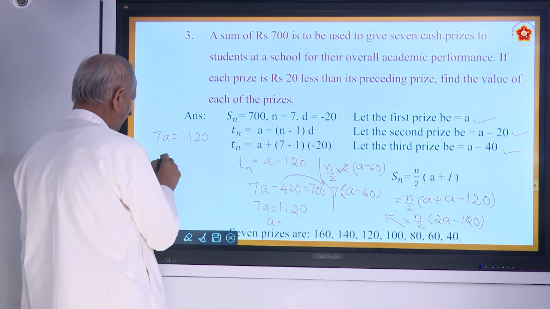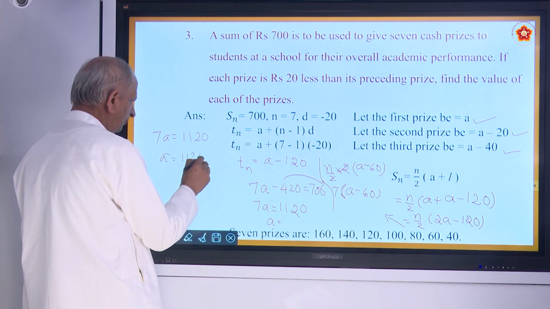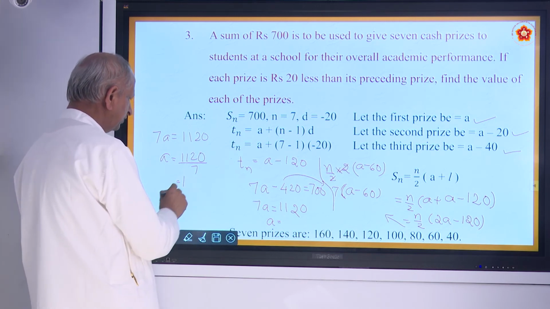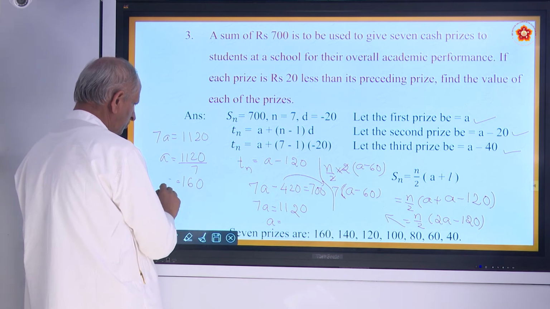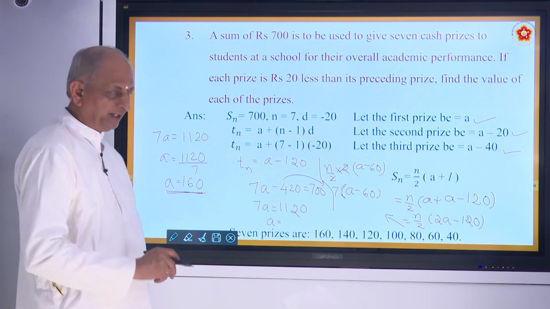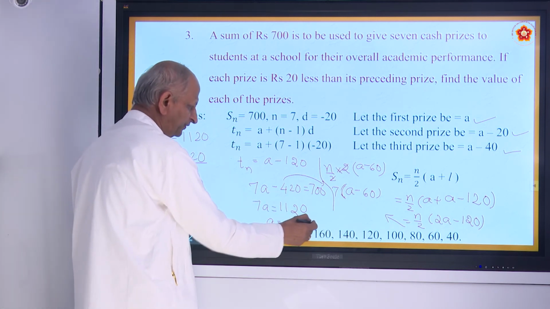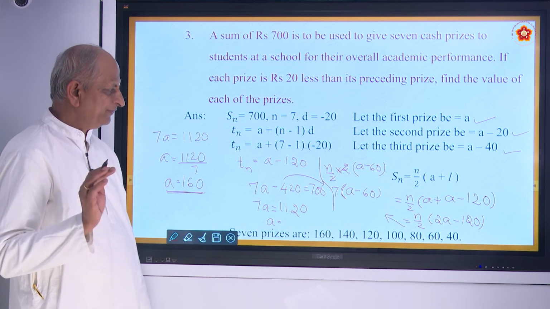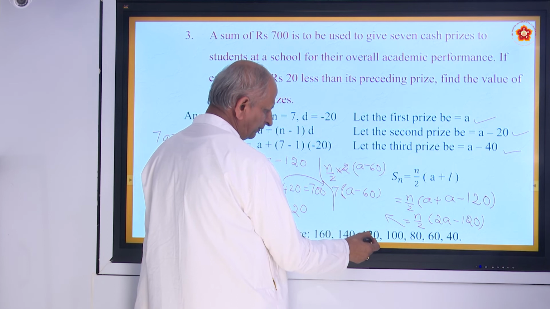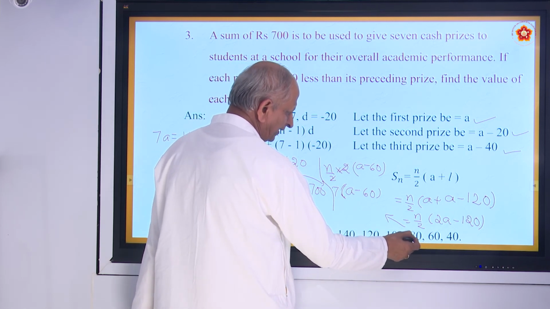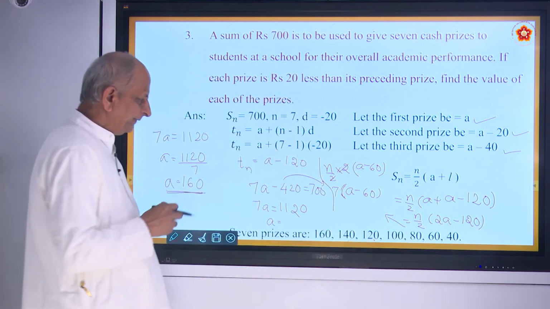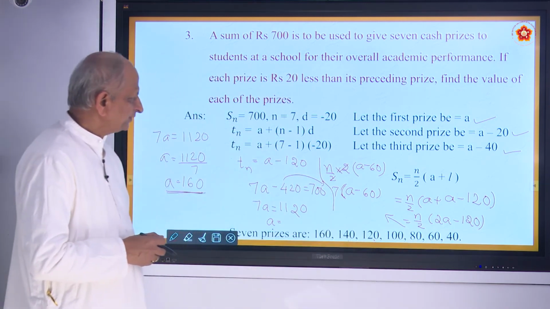A will be 1120 by 7. 7 ones are 7, 7 6s are 42. So, the first boy, the highest score, will get 160 rupees. Then others will follow: 160 minus 20, 140, minus 20, 120, minus 20, 100, minus 20, 80, minus 20, 60, minus 20, 40. Suppose you add all of them, you must get 700.